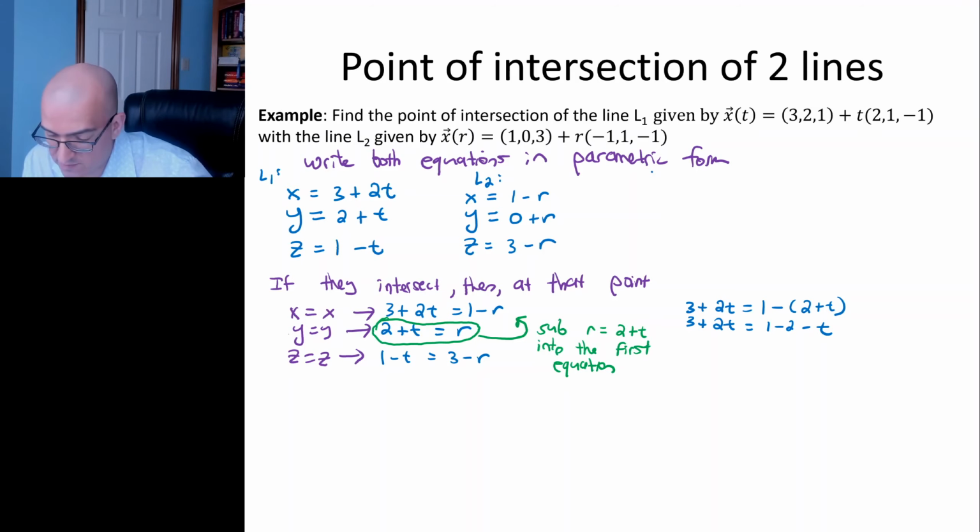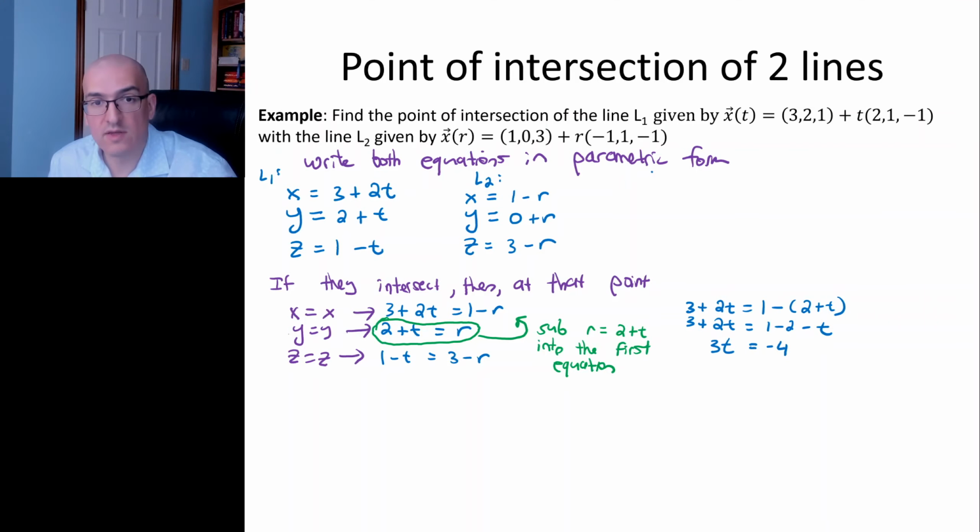I'm going to add t to both sides, so I have 3 plus 3t is equal to negative 1. I'm going to subtract 3 from both sides, so I'll have negative 4 on this side. Now I'm almost done isolating for t. I'm going to divide both sides by 3, so t is equal to negative 4 over 3.